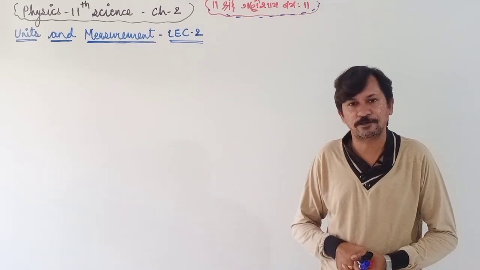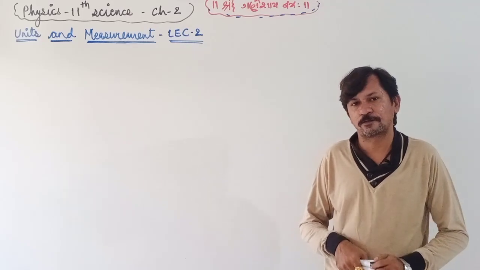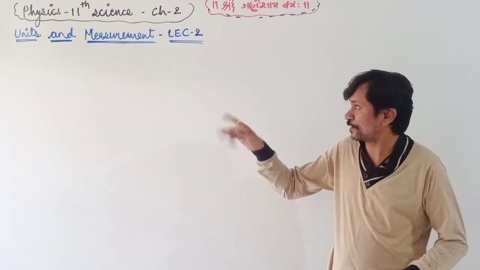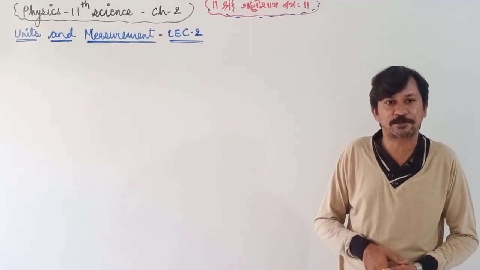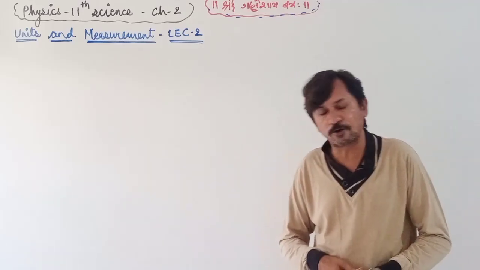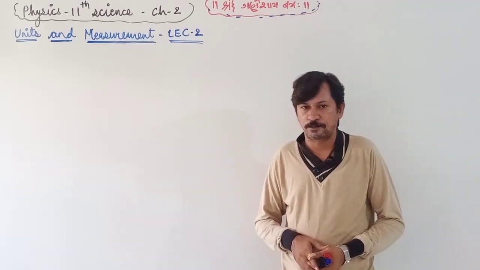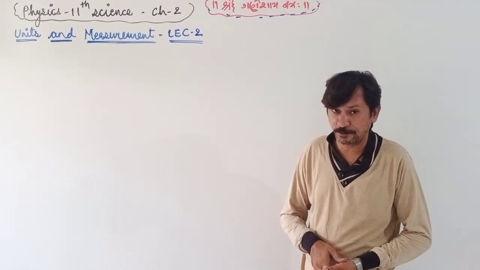We have already started our physics and now we are going to study chapter number 2 from the book of 11th science. The chapter is units and measurement.